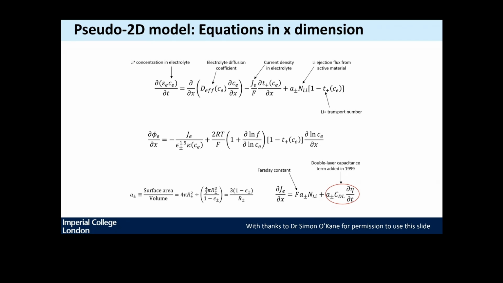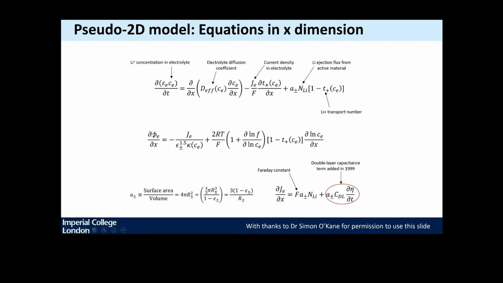And then I look at the equations between the two current collectors, and you may be able here to identify some of the terms. So this concentration of electrolyte is the lithium ions in the electrolyte, and I'm just going to look at how this changes with time, and it will be a result of gradients. So this is diffusion, and it will be a result of electric fields. So that would be migration.